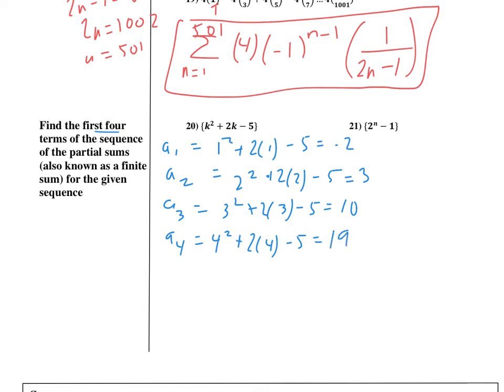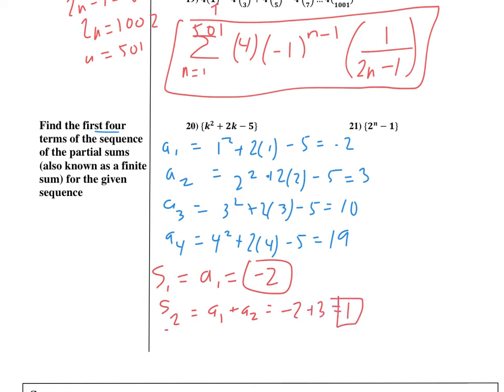Okay, so what we're really looking for here is s sub 1, which is just a1, and so that's going to be negative 2. That's the easy one. S sub 2 is a1 plus a2, and so that's negative 2 plus 3, so that's 1. S sub 3 is a sub 1 plus a sub 2 plus a sub 3. So you can see that each s sub is the sum of that term plus all the terms in front of it.